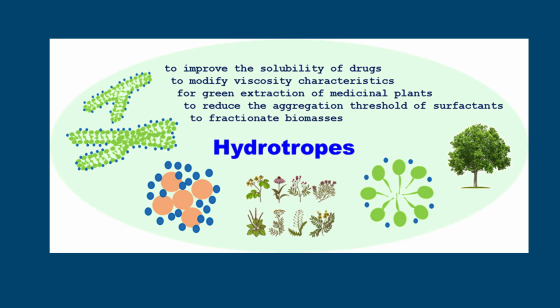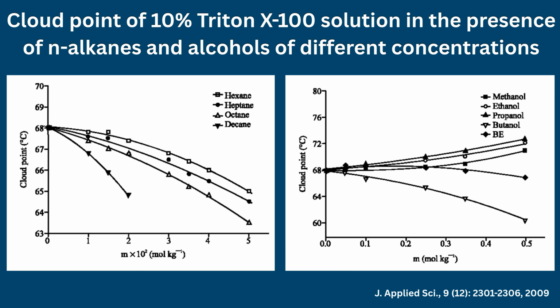Hydrotropes: certain compounds enhance solubility and increase cloud point by disrupting hydrophobic interactions. Organic solvents: co-solvents can either increase or decrease the cloud point depending on their polarity and interaction with water.